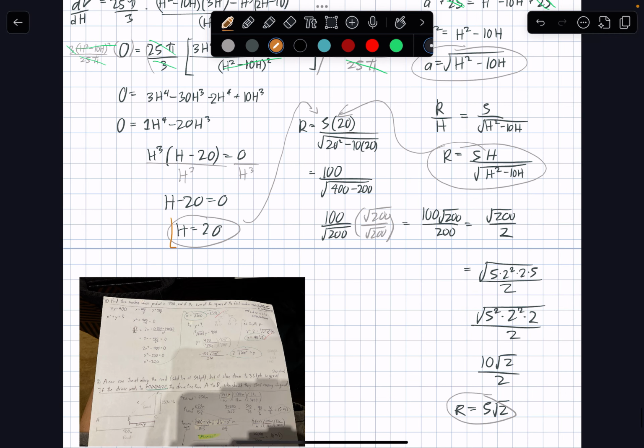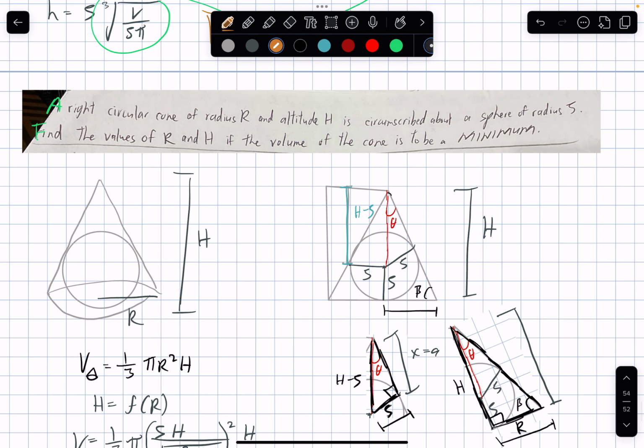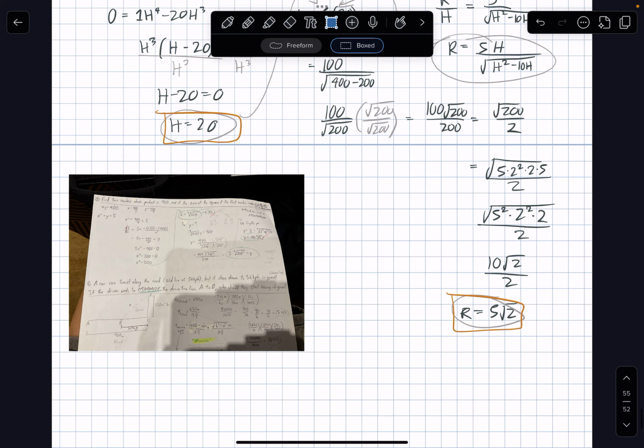We found the radius and height values that constitute a volume that's going to be a minimum. So that's it. All that just to solve this problem. All of that. Yep.